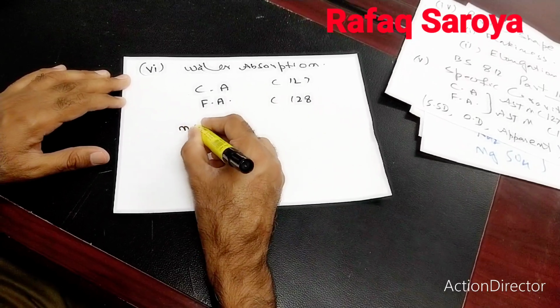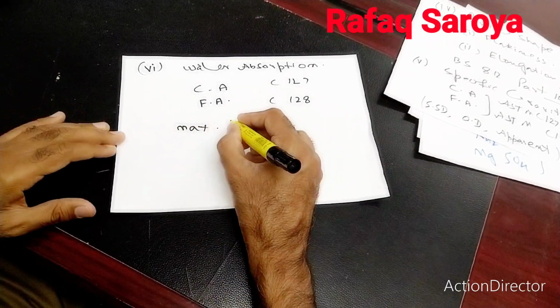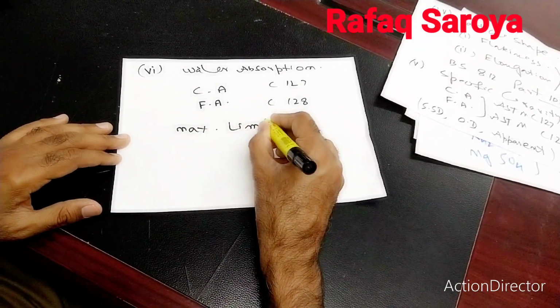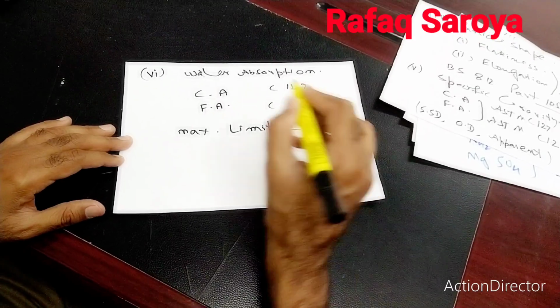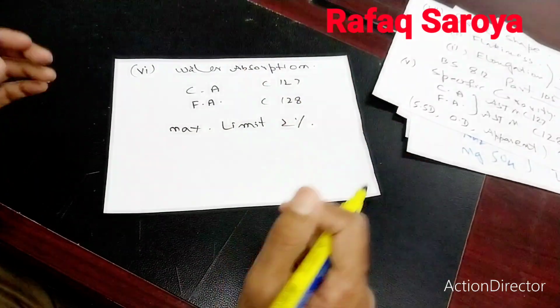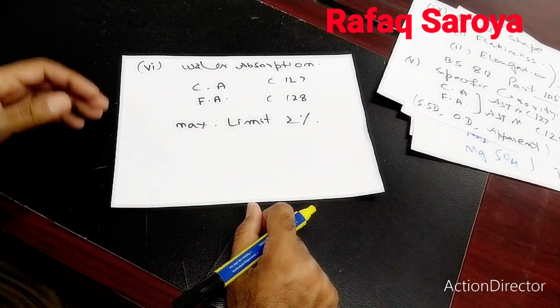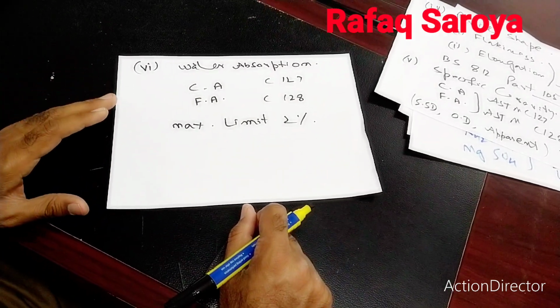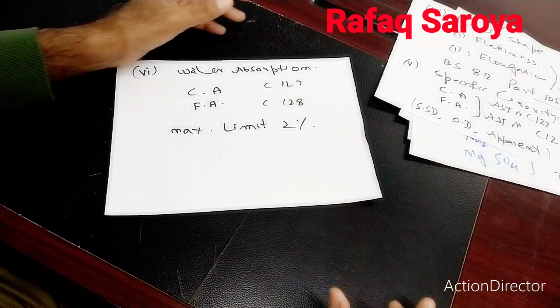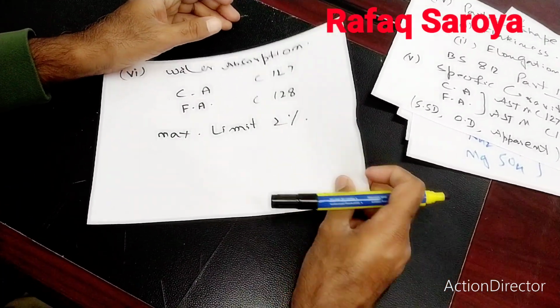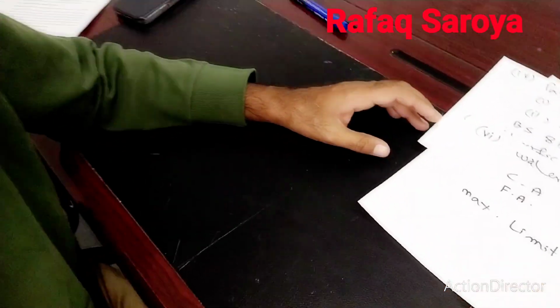And what is the maximum limit for water absorption? 2%. If it exceeds 2%, we will not accept the aggregate. If it is less than 2%, we will accept it. There are some other tests also, but I am just going to explain these six types of test.